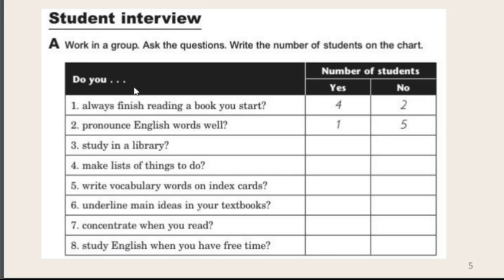So under this column, we have the questions. Do you always finish reading a book you start? And then 2, 3, 4, all the way to 8. In the next column, we have number of students. Yes and no.